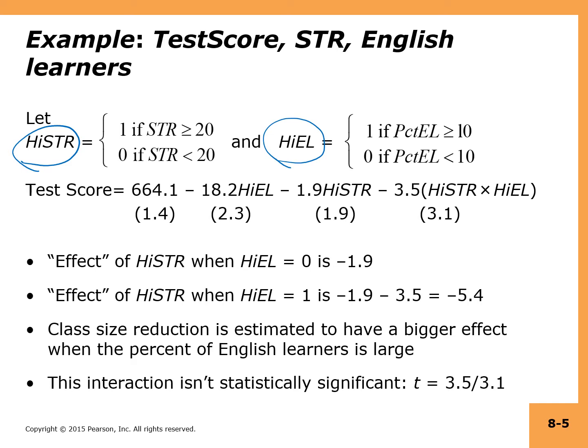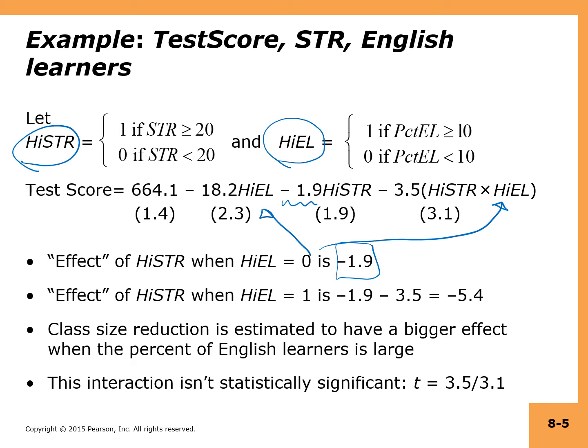So in this case, we plug in 0 for the high English learner, and what you have left is negative 1.9. So whenever high student to teacher ratio is equal to 1, then the effect of high student to teacher ratio on test score is negative 1.9.